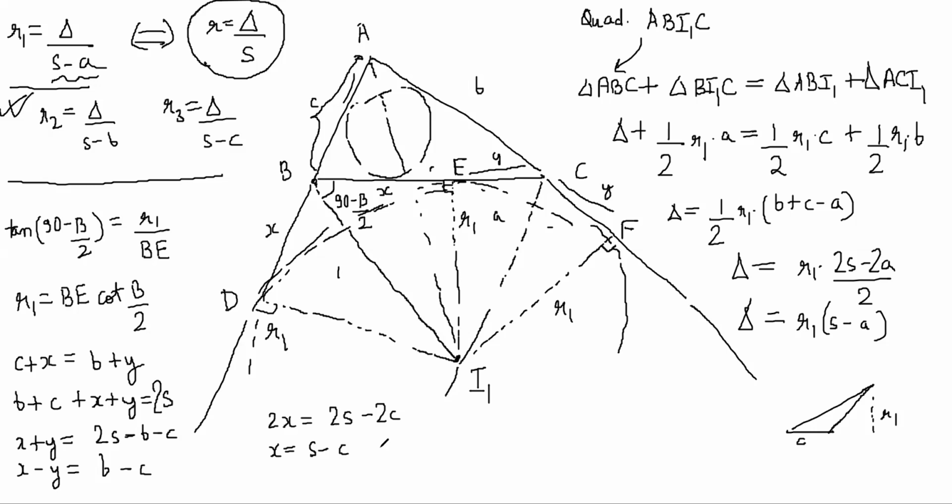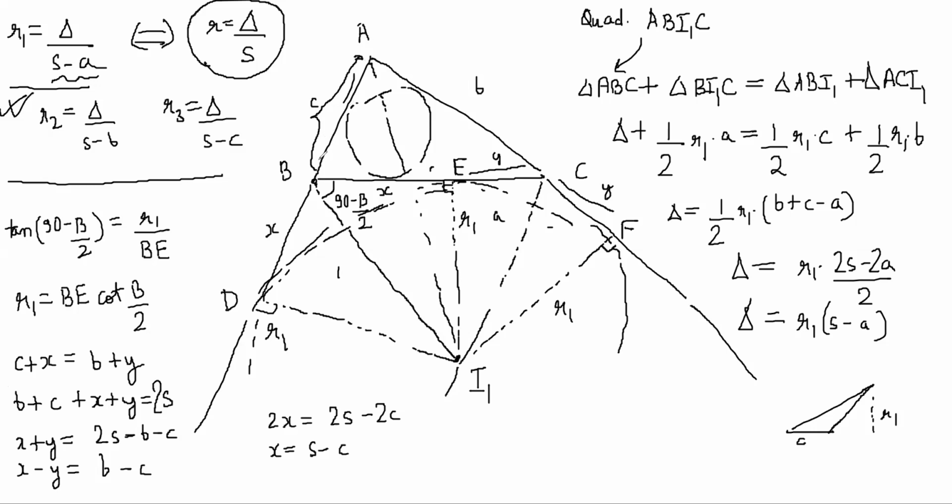Some mistake we have made, because X should have been S minus B, I think. One second. Let's just look at it. X plus Y, X minus Y is B minus C, and so B plus C plus X plus Y is 2S is correct.